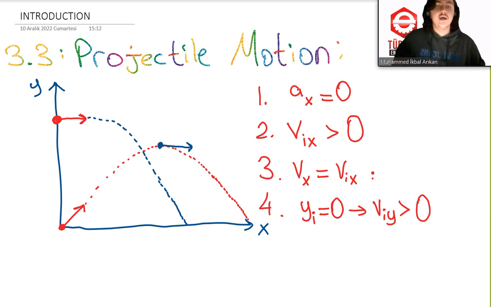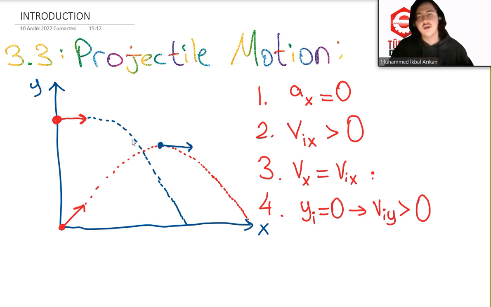So just 4 simple rules. Actually, I'm giving you these ideas; you don't have to write these rules like equations, okay? But these are our special cases for projectile motion. Note that there is no acceleration in x.